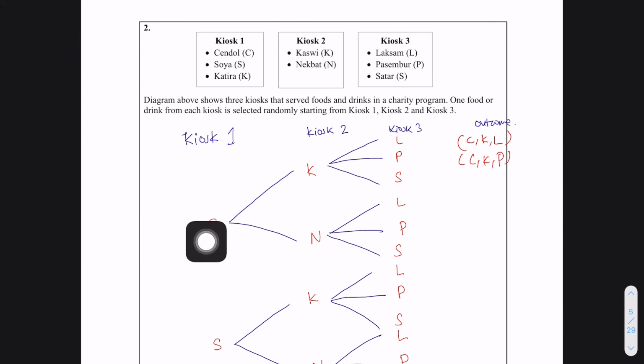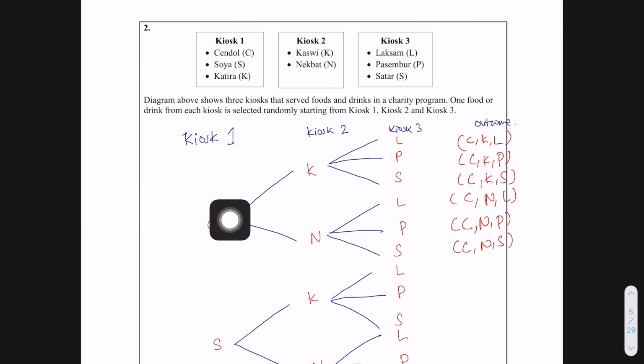Or cendol, kaswi, sata. So this is the first set of possibilities. Or you can choose cendol, nekbat and laksam, so C and P, C and S. So this is the outcome for the second set.